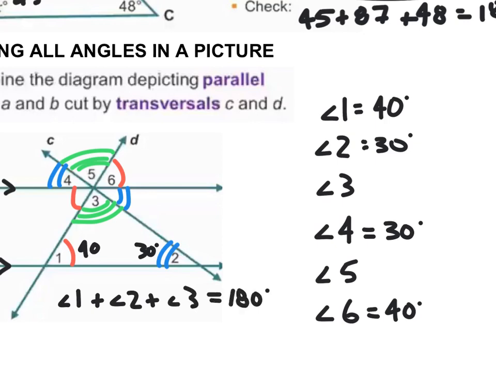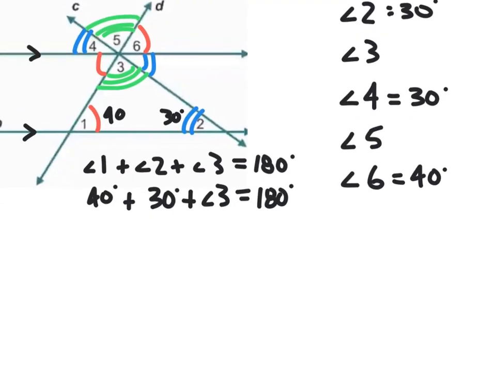I have to set this up. Angle 1 is 40. Angle 2 is 30. All right, we don't know what angle 3 is, but I know that 180 degrees is what they add up to. So let's combine like terms and solve. So 40 plus 30 is going to give me 70 degrees, plus angle 3 is equal to 180.